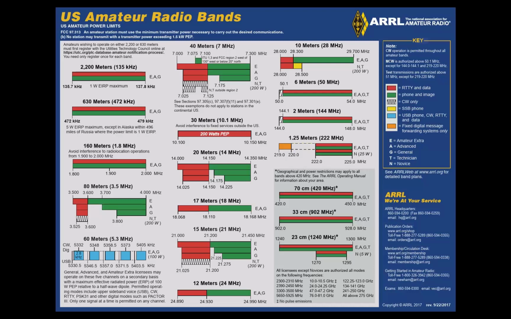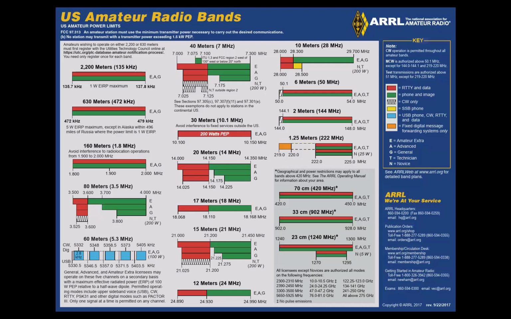Next question. Which of the following is good amateur practice for net management? Now a net is where you have a group of hams all kind of transmitting back and forth, but it needs to have a control operator kind of organize who's speaking and who's transmitting and who's receiving when. So a net will occupy a certain frequency for a certain amount of time.